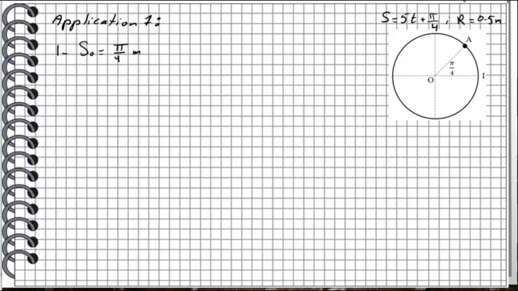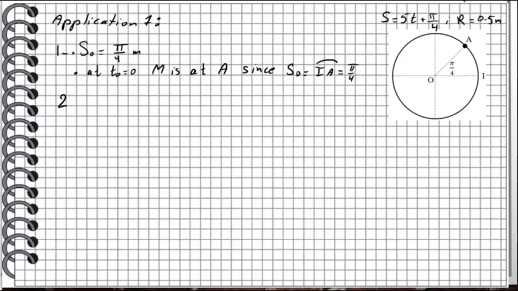And since this S is equal to the central angle, then at t0 equal to 0, this point M is at A, since S0 equal to arc IA equal pi over 4.